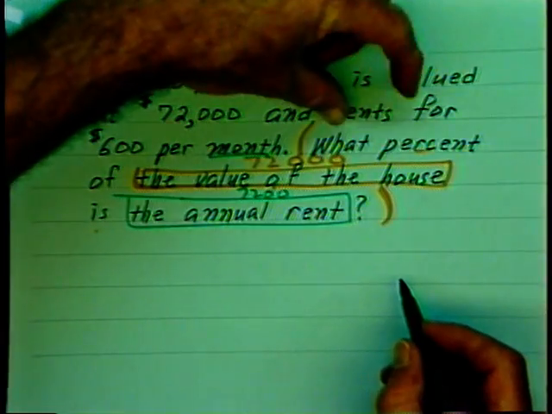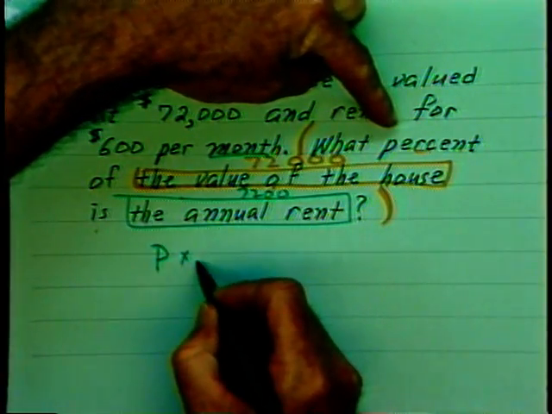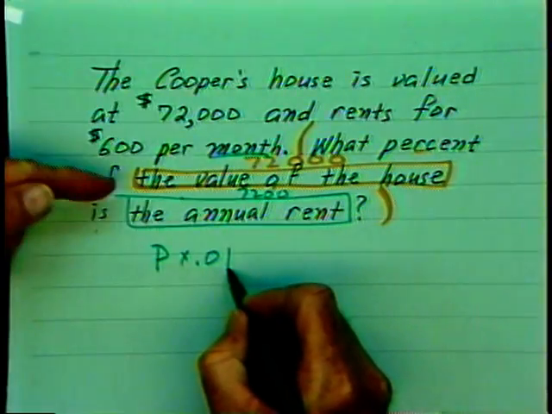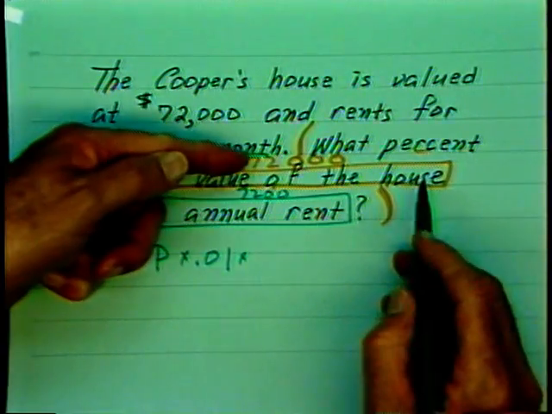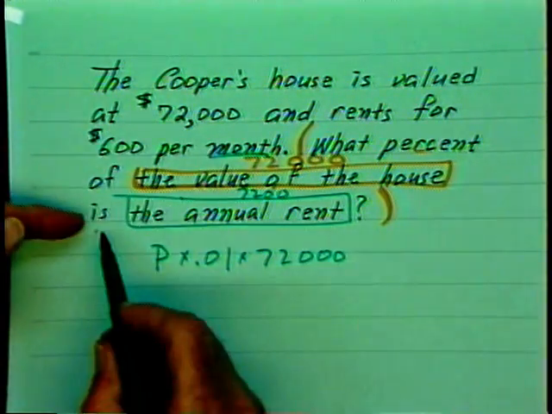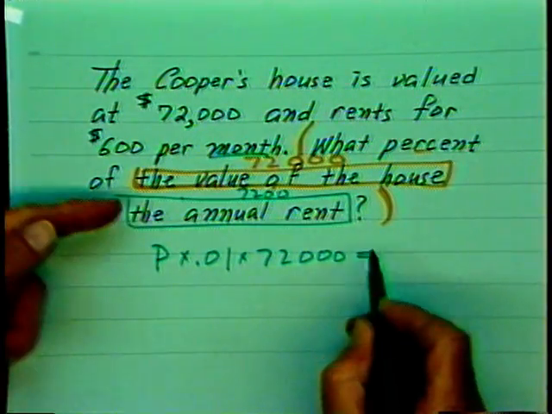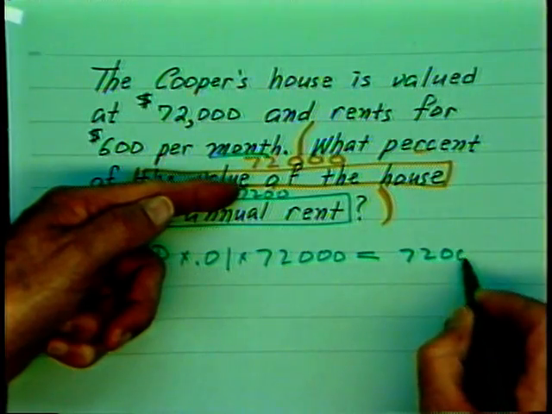So now let's see what we have. What percent of is times the value of the house, 72,000, is equal the annual rent, which is 7,200.